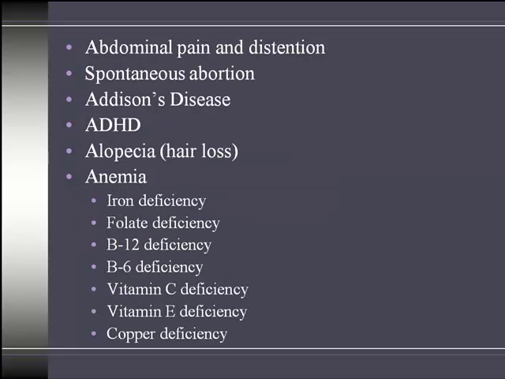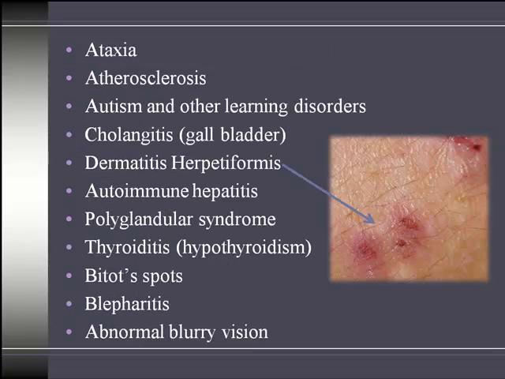We go to the next page: abdominal pain and distension, spontaneous abortions, Addison's disease, ADHD and ADD, alopecia, which is hair loss, a number of different types of nutritionally related anemias, ataxia, which is a fancy word for dizziness, atherosclerosis, autism and other learning disorders, cholangitis, dermatitis herpetiformis.